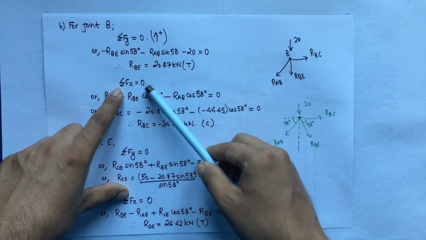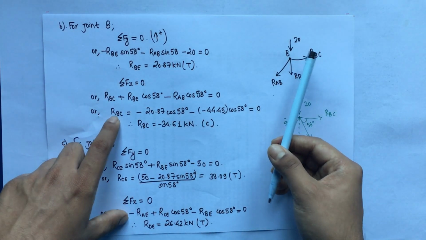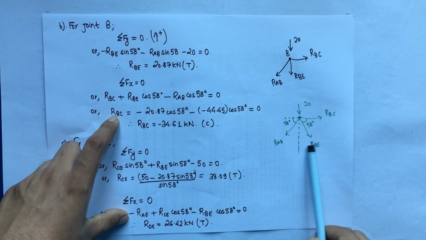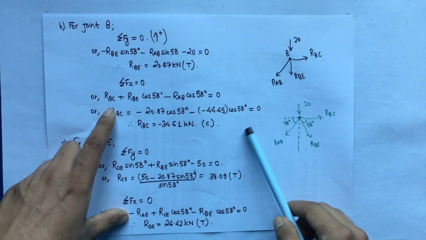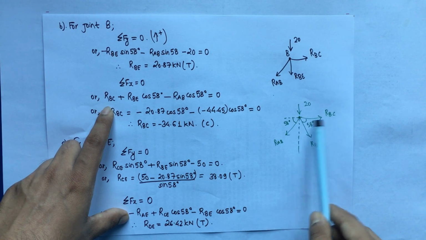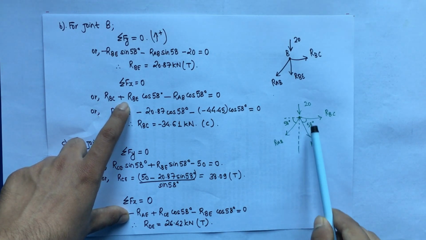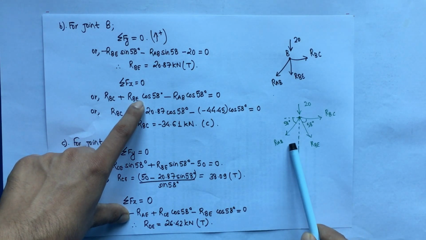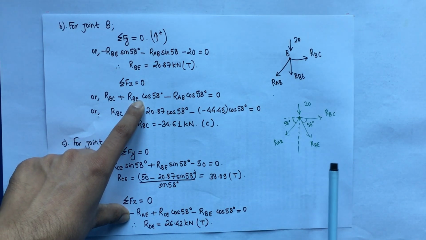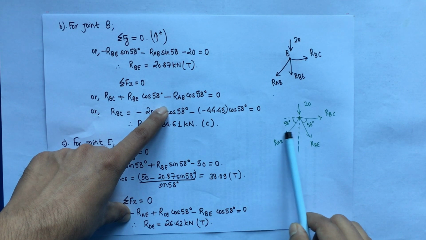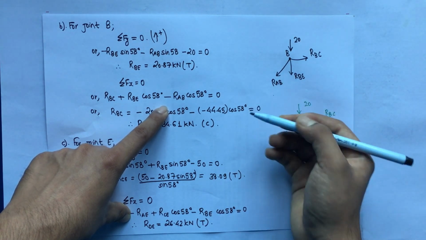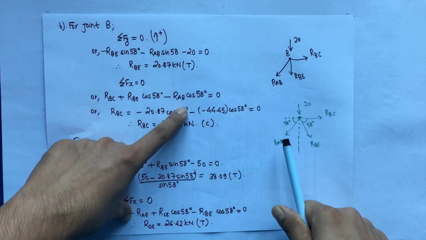Similarly summation Fx is equal to 0. Now we have to take the horizontal component of the member forces. So firstly RBC plus RBE, sine component was the vertical, now cos component will be the horizontal, so cos 58 degree, minus RAB, because this is in this direction, so when we resolve this we'll get from right to left, so RAB cos 58 degree.